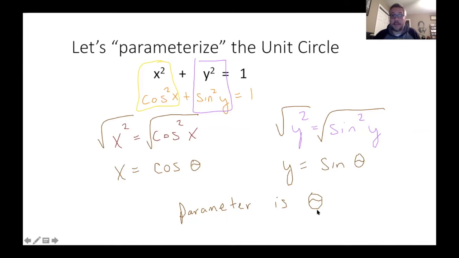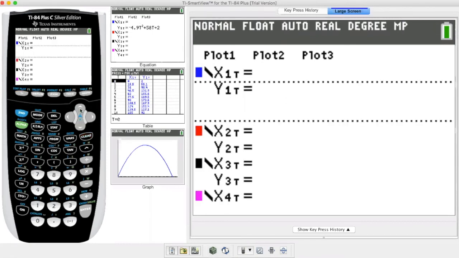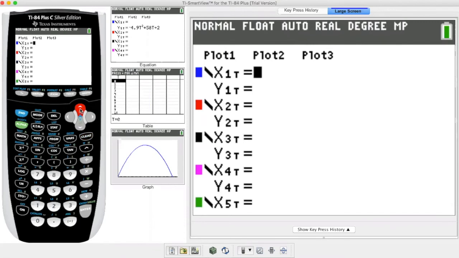So let's go back to the TI-84 and let's take a look. Back on the TI-84 graphing utility, you can see that I still have the x and y equation for the skyrocket problem that we did. So I'm going to clear that out. And in x1, I am going to enter the cosine equation, which was cosine theta.